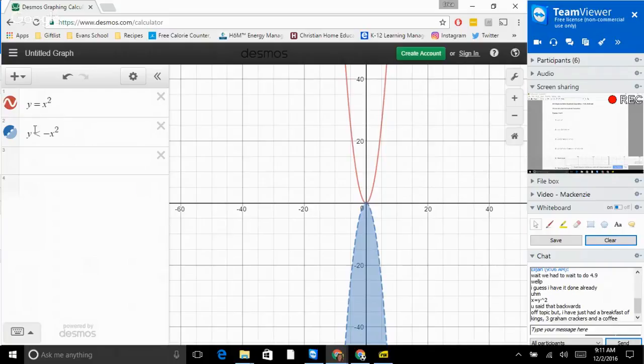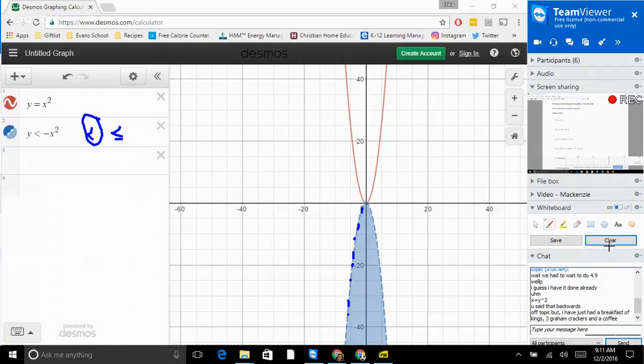When you just have less than, and not less than or equal to, you're going to see that we've got a dotted line for the border, because it's less than what's on this line. It can't actually be what is on the line. That makes sense.